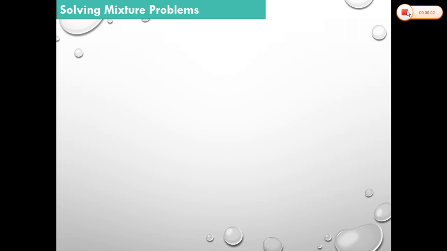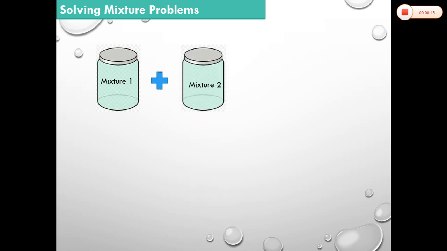Mixture problems. Imagine mixing two different liquids with different concentrations. We will obtain a third mixture, which is a combination of these two.